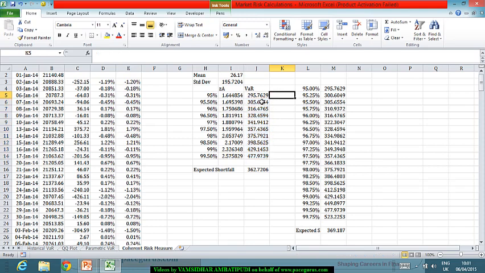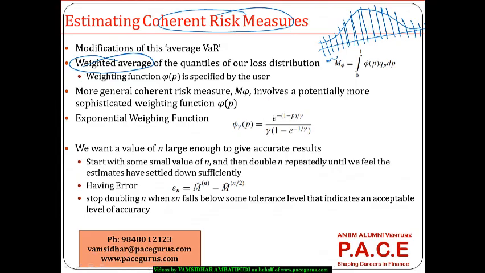Rather than that, I can give different weightage to each, not only up to 95, probably up to 90, 80, 20, for all the possibilities I can give different weightages, or I can go with a very generic loss distribution function. The weighted average can be defined through a function.